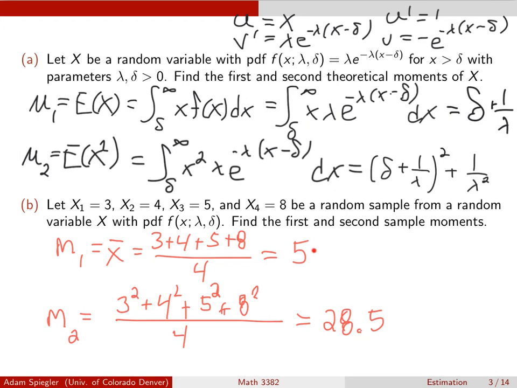So those are going to be constant values. In this case, we got 5 and 28.5. So the theoretical moments are going to depend on our parameters. The sample moments are going to be values that we calculate from our sample. And the method of moments is going to be an estimation method where we're going to line up each of our theoretical moments with each of our sample moments. So we'll outline that process on the next slide.